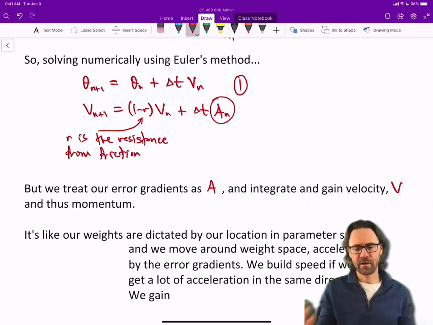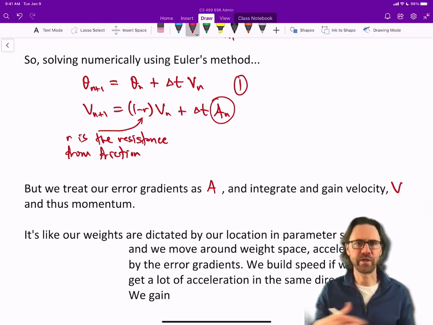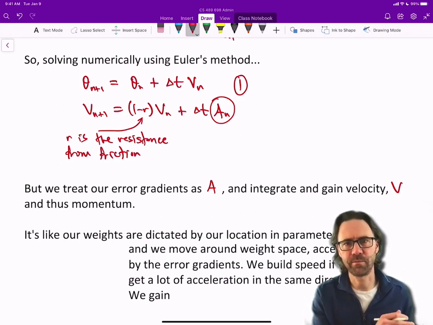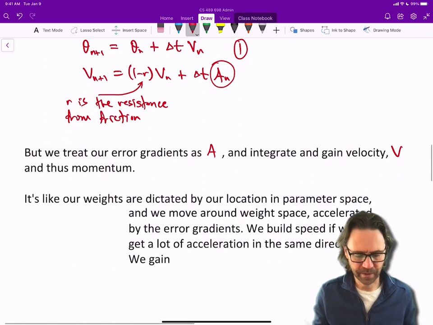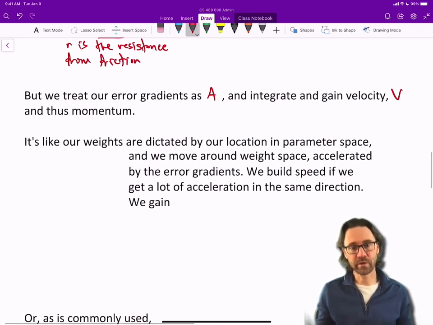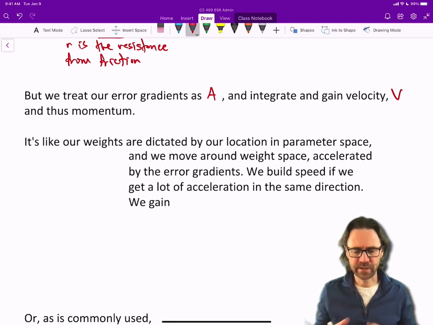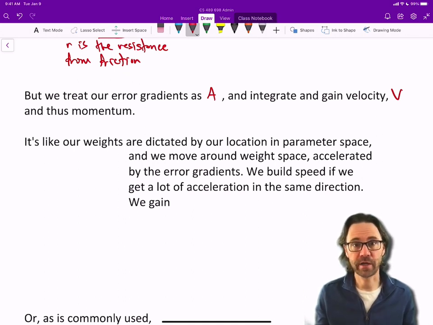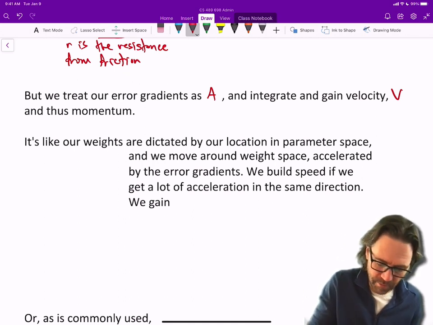So through acceleration, we gain velocity, and that velocity is going to push us around through parameter space. In more words, our weights are dictated by our location in parameter space. Our weights are our location, and we move around weight space accelerated by the error gradients. We build speed if we get a lot of acceleration in the same direction. In that sense, we gain momentum.